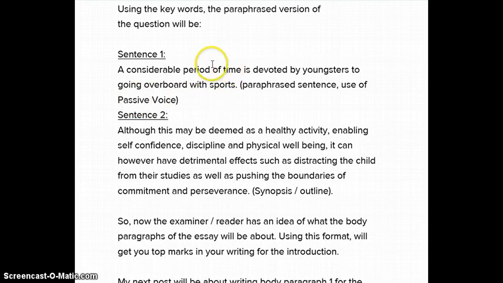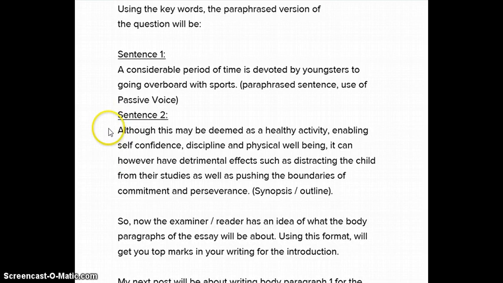So not only have I rewritten the question, I've also written it in a completely different format, giving it the passive voice, and the examiner will very much like that. Sentence 2, this needs to be my outline, and I need to inform the examiner of what I'll be talking about in my body paragraphs.